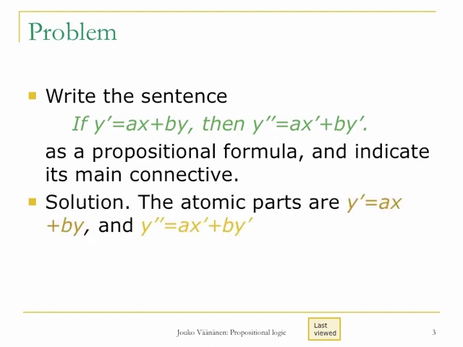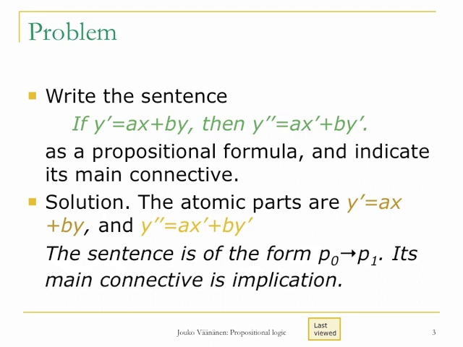The atomic parts are y prime equals ax plus by and y double prime equals ax prime plus by prime. These atomic parts clearly have their internal structure as equations, but this structure is not one that propositional logic focuses on. The sentence is of the form P0 implies P1. Its main connective is implication.